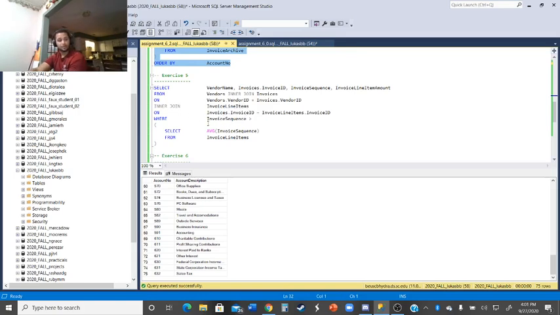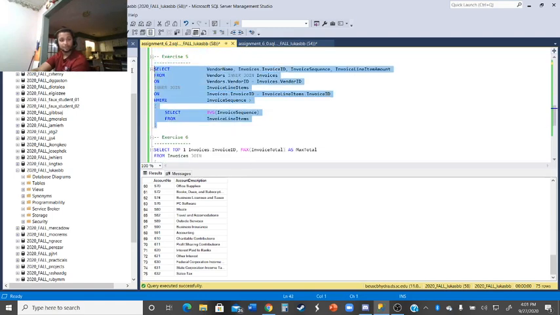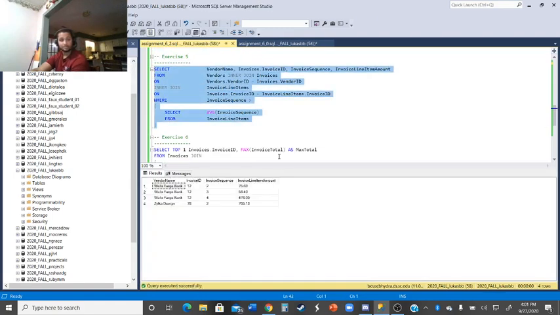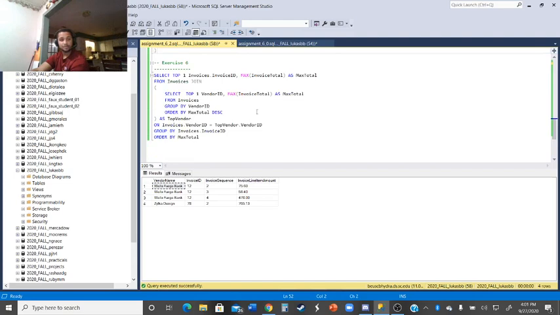And for the subquery, I asked where the invoice sequence is greater than the average invoice sequence in invoice line items. So running that one, we get 4 rows, 4 columns.